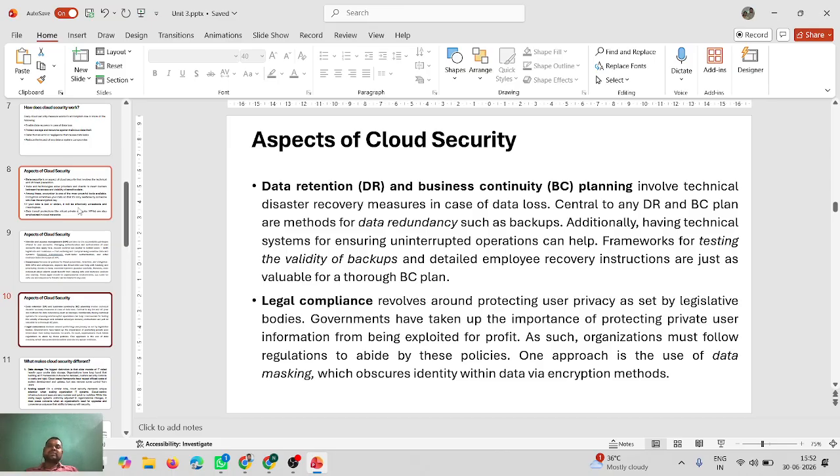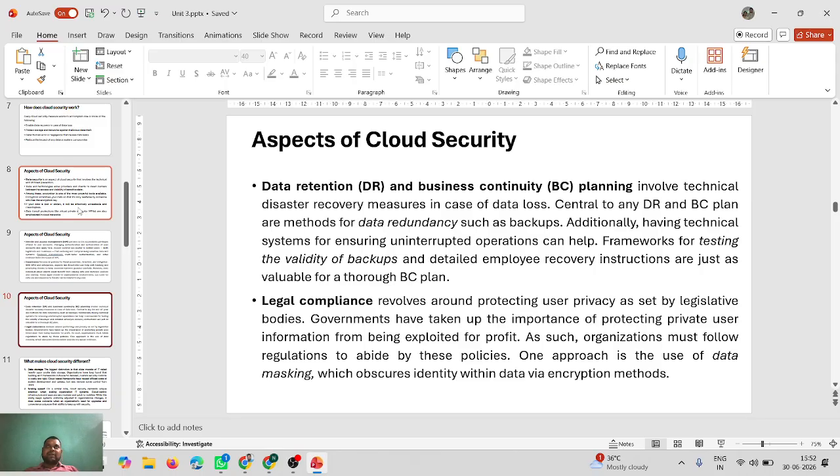So, in case of any disaster or failure, how to recover the data. That is called data retention and business continuity planning. So, whether you have techniques, tools, and methods to recover in case of data loss, disaster recovery measures, and legal compliance.